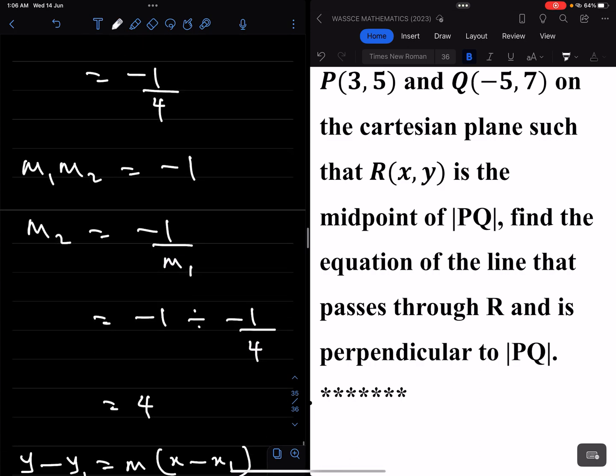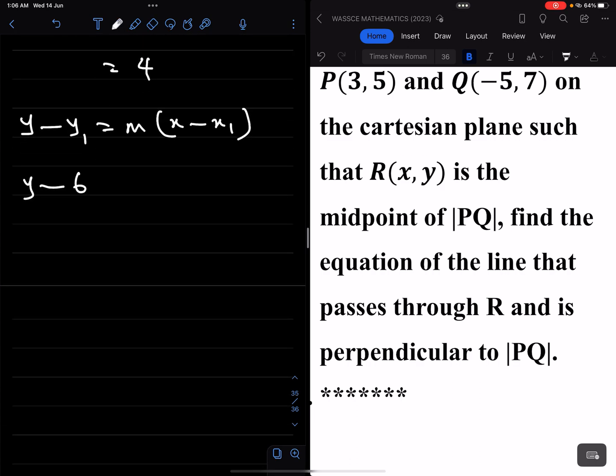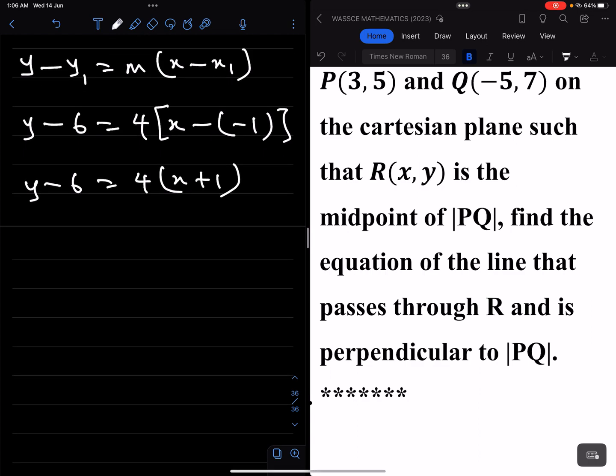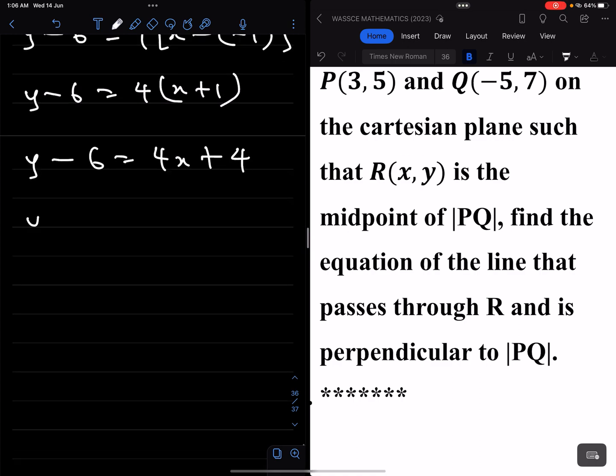So that simply means y minus 6 equals 4 into brackets x minus minus 1, and that simply means y minus 6 equals 4 into brackets x plus 1, which means y minus 6 equals 4x plus 4, and that simply means y equals 4x plus 4 plus 6.